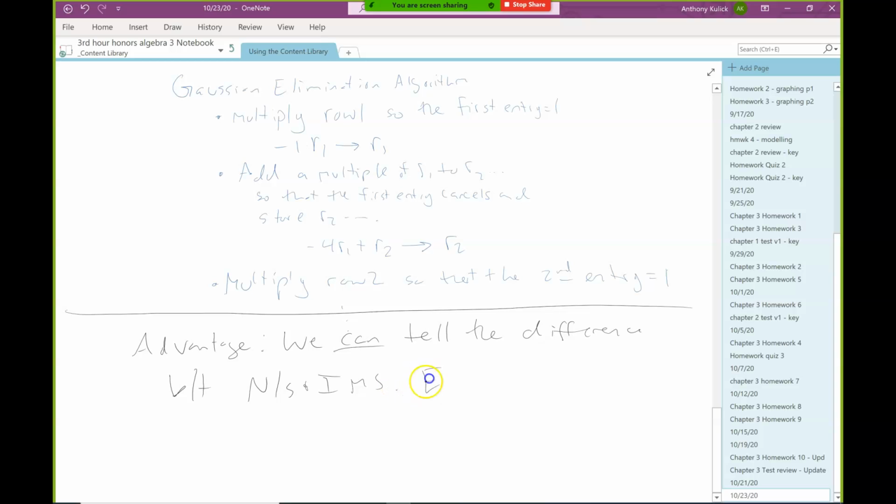And even better, we can generate the parametric solution in the infinitely many solutions case. Which is pretty rad.